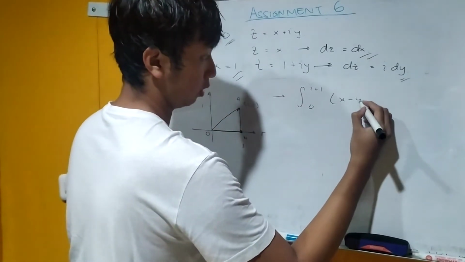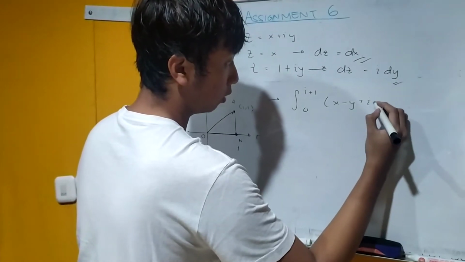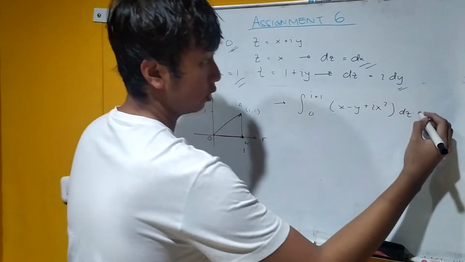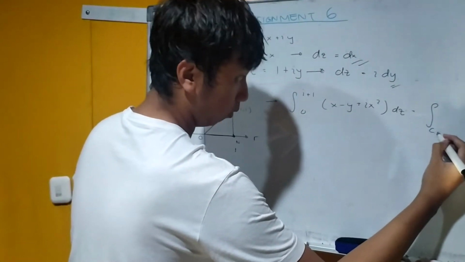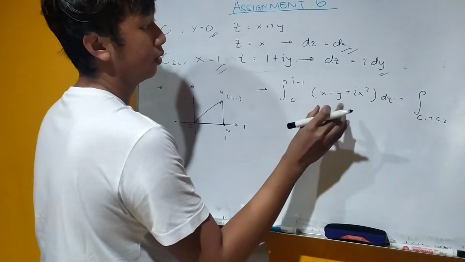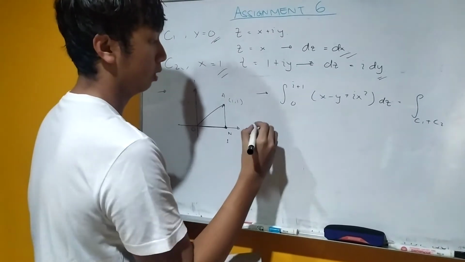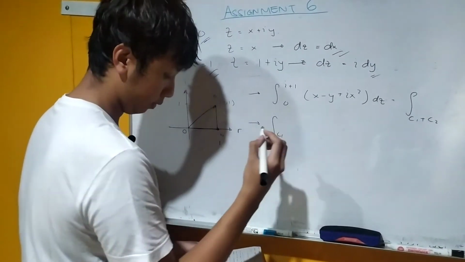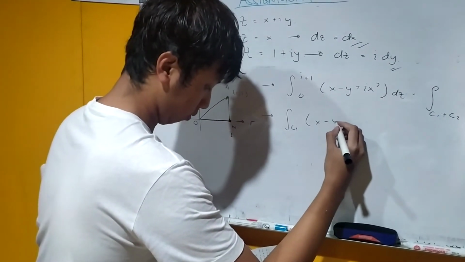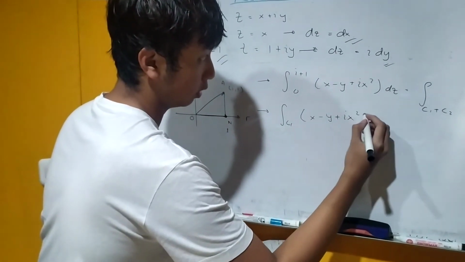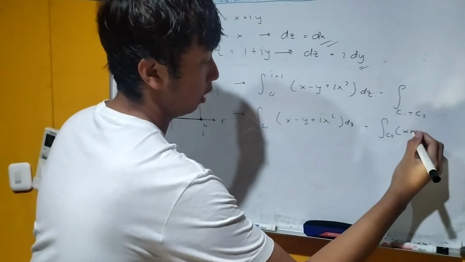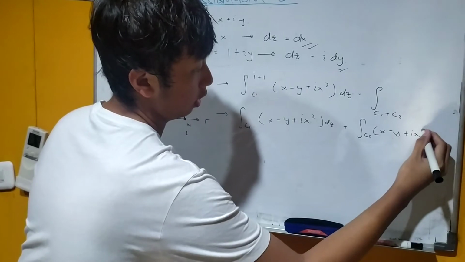This is our main equation. Then we want to split it into C1 plus C2. So C1 is x minus y plus ix squared, still the same as this one, and C2 is x minus y plus ix squared.